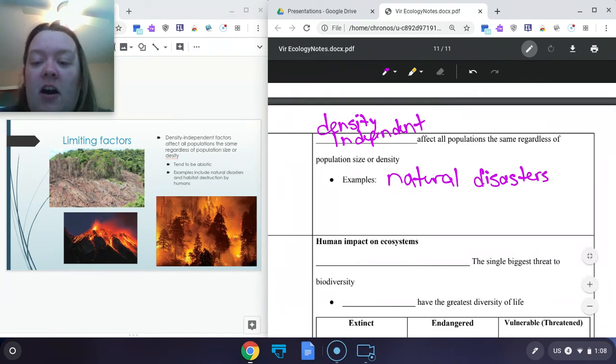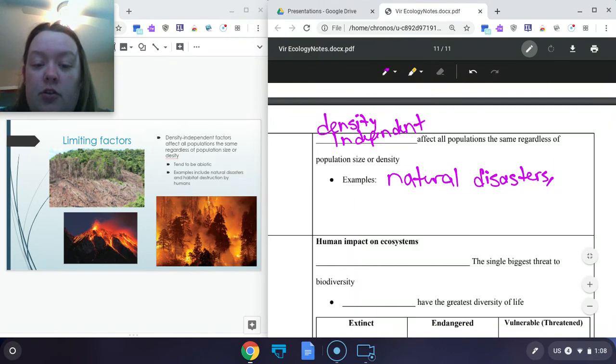A hurricane, a fire, a tornado, a flood, they're going to roll through an area no matter how many organisms are living there. It's not like, well, I reached 20 squirrels in my tree, now we're at risk for fire. The risk for fire is the same all the time. The number of squirrels in the tree did not matter.